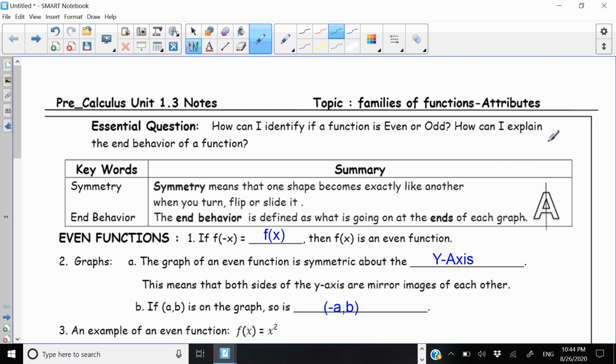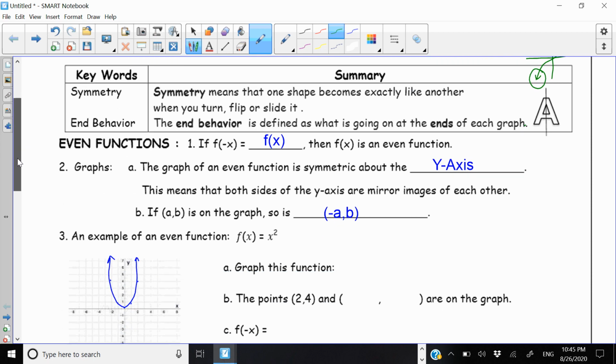For example, if I have a graph like this on my coordinate plane, by end behavior, I mean what is going to happen to this end of my graph, or what is going to happen to this end of my graph. So that's about the end behavior.